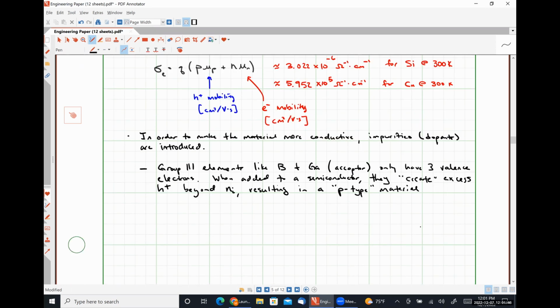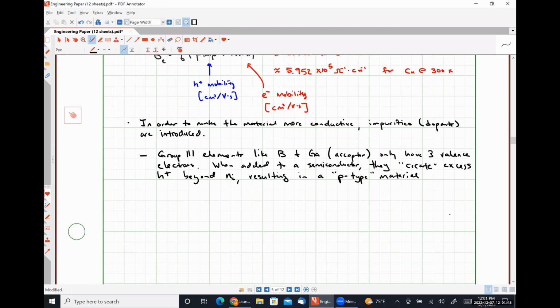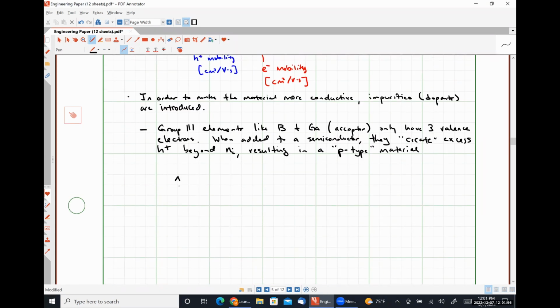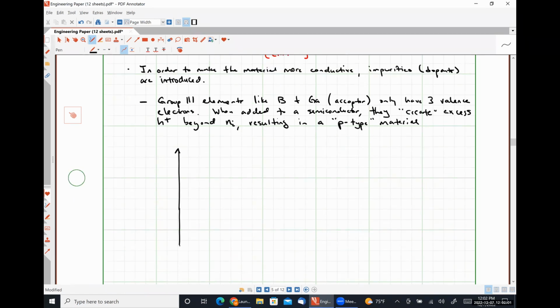So the reason why this works the way it does would be understood by looking at an energy band diagram. Okay. So we're going to draw another one of these things. Here's our valence band.